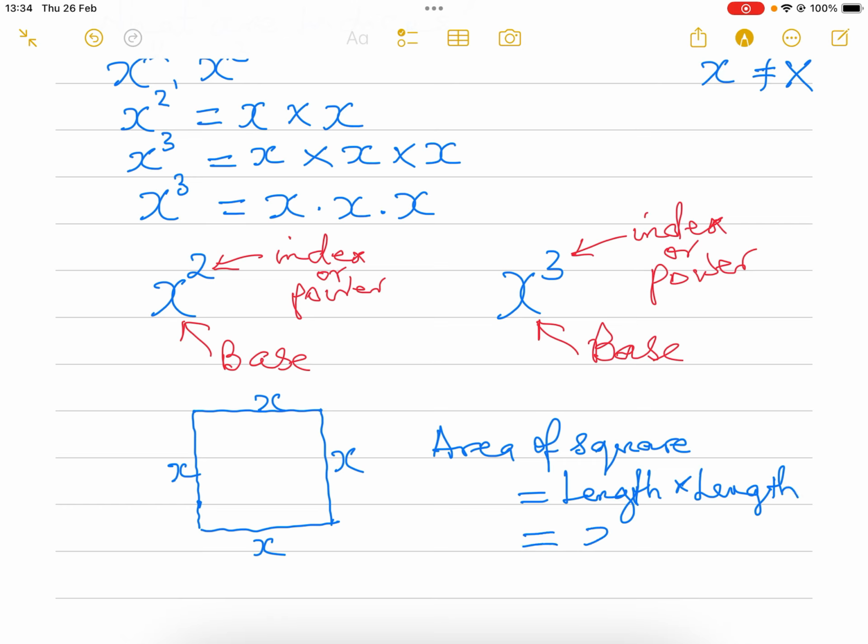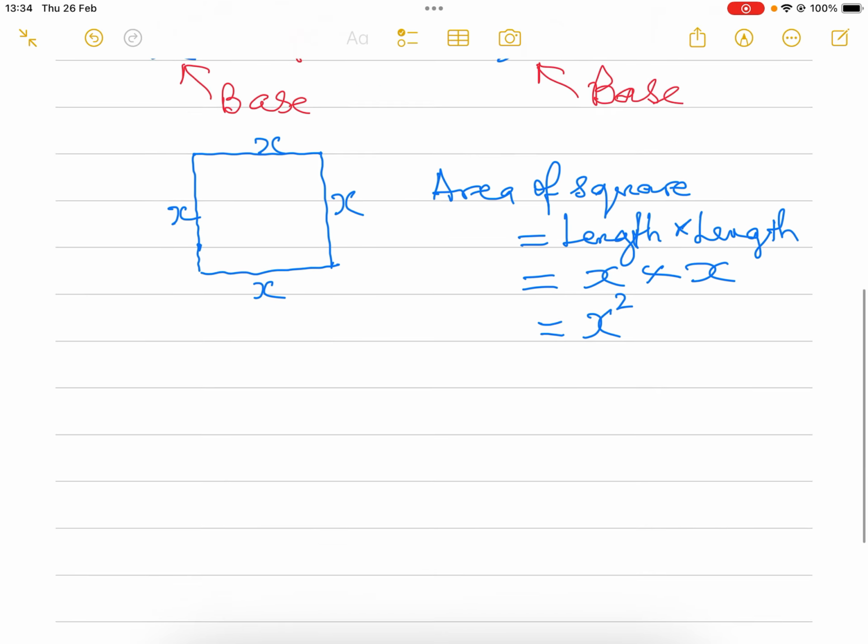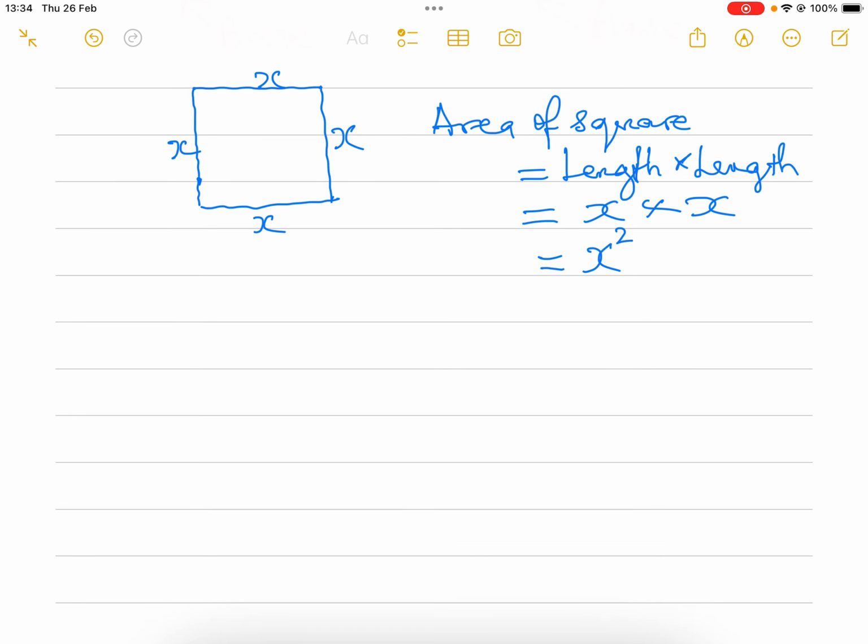In a square, all the lengths are equal, so let us say length times length. This is x multiply x, x times x. This will give us x raised to power 2, because the x is multiplied twice.